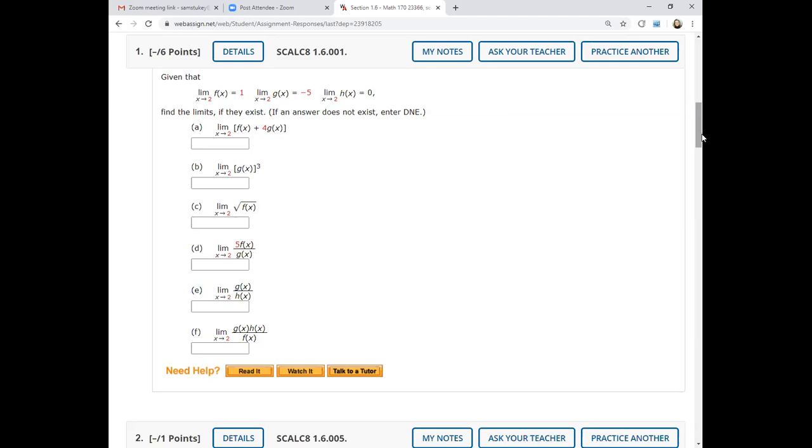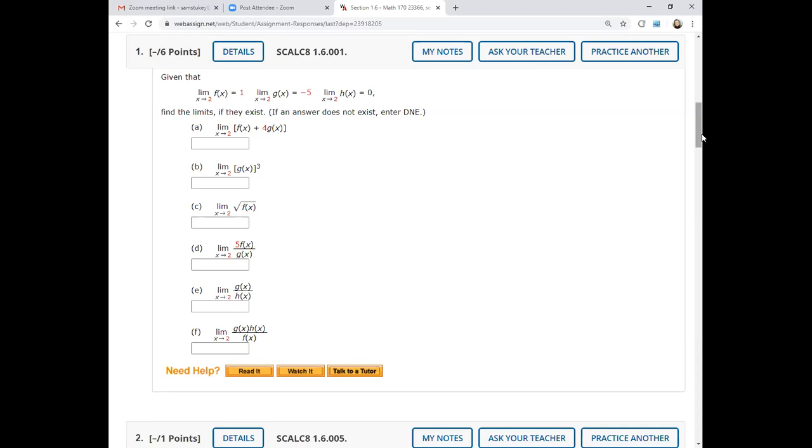So it says the limit as x approaches 2 of f of x plus 4g of x. That's going to mean that you take the limit as x approaches 2 of f of x, which is 1 because they give it to you, plus 4 times the limit as x approaches 2 of g of x.